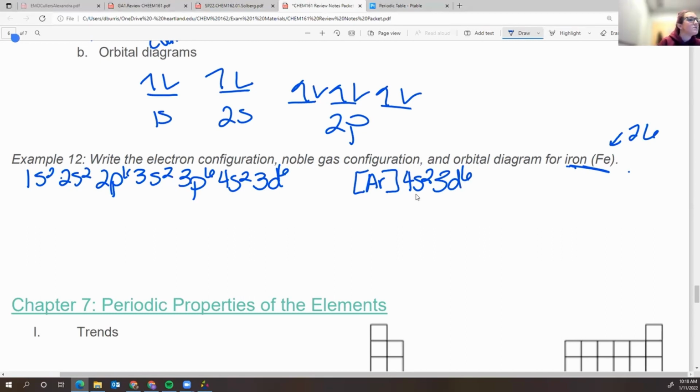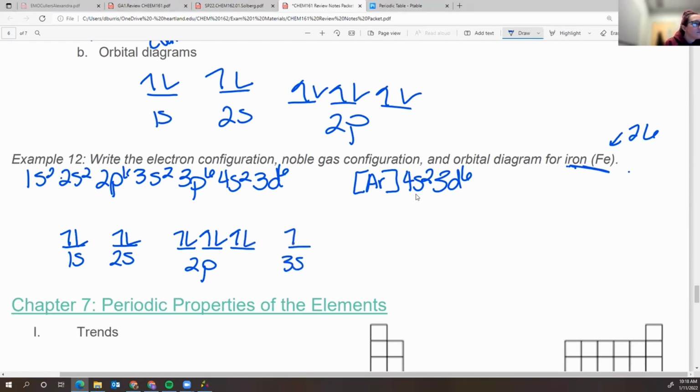Okay, now orbital diagrams. I got to write out this whole thing in orbital diagrams. So S's hold 2 electrons, 2s. P's have 3 orbitals, and then 3s, and then 3p, 2, 4, 6, and then 4s.